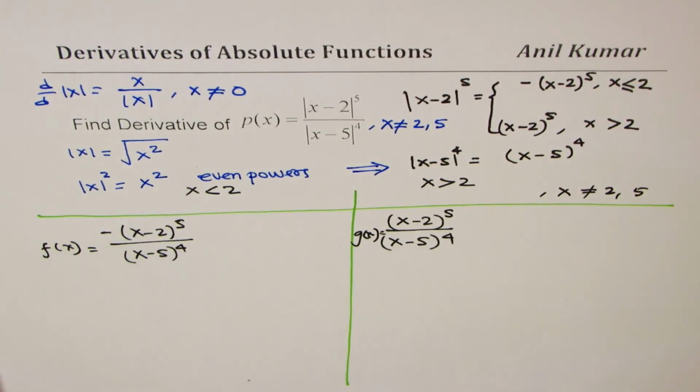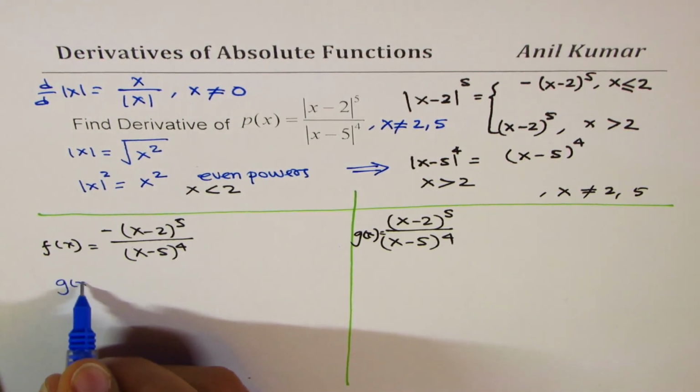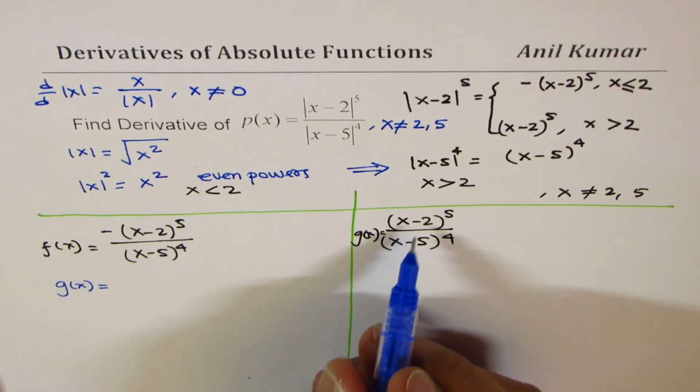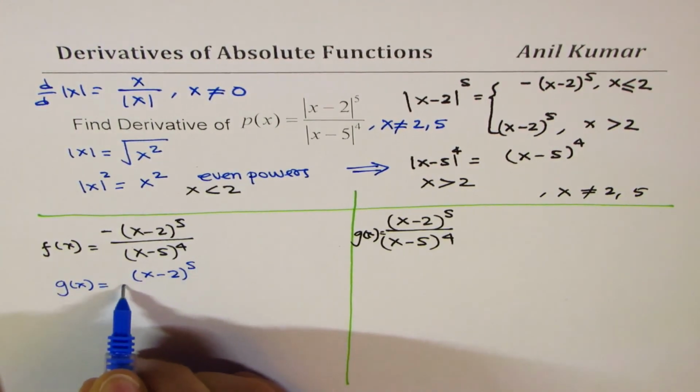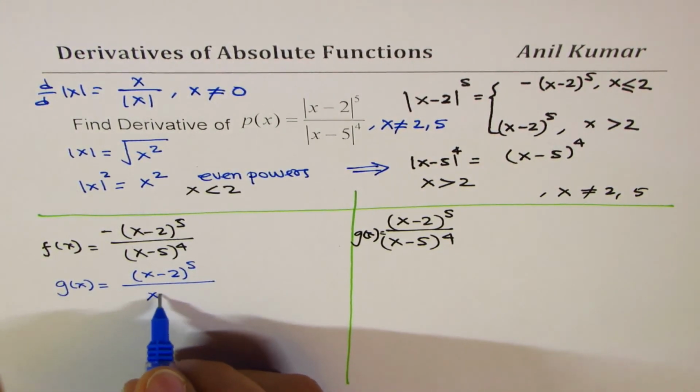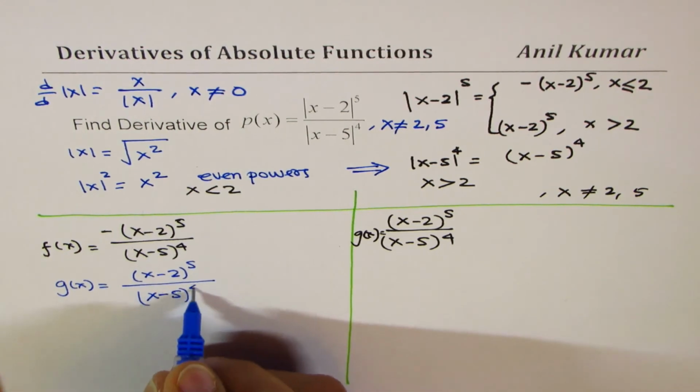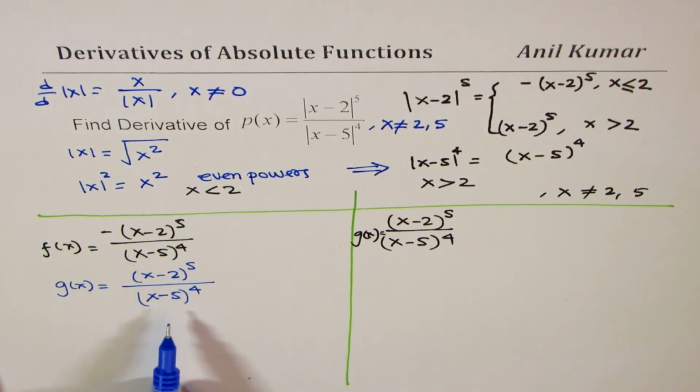So we'll work with the derivative of this function. We can write g of x equals (x minus 2) to the power of 5 over (x minus 5) to the power of 4. Now, it's a simple quotient rule, right?